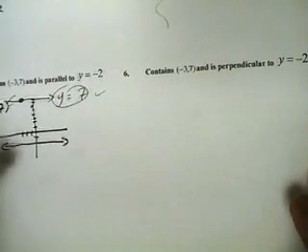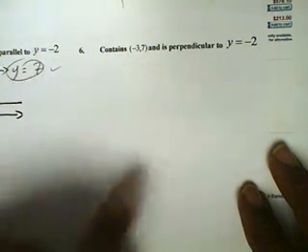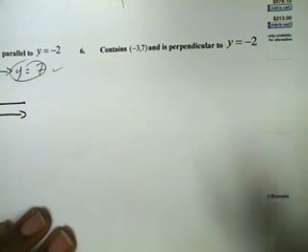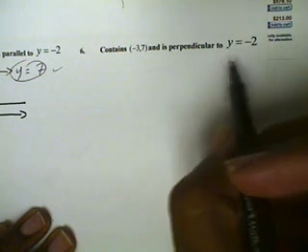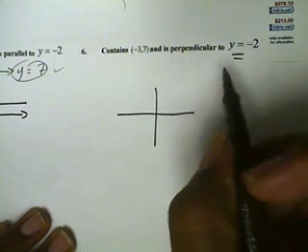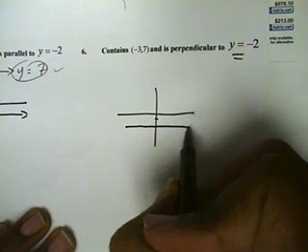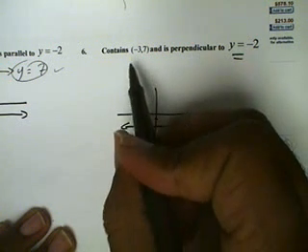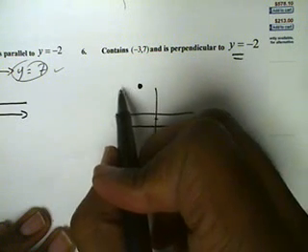Now we want a line that contains (-3, 7), but is perpendicular to y equals negative 2. And again, we're going to solve this by graphing because there's no equation that will handle this. These are special lines. So y equals negative 2 is again a horizontal line right here. (-3, 7) is a point that's right about here.